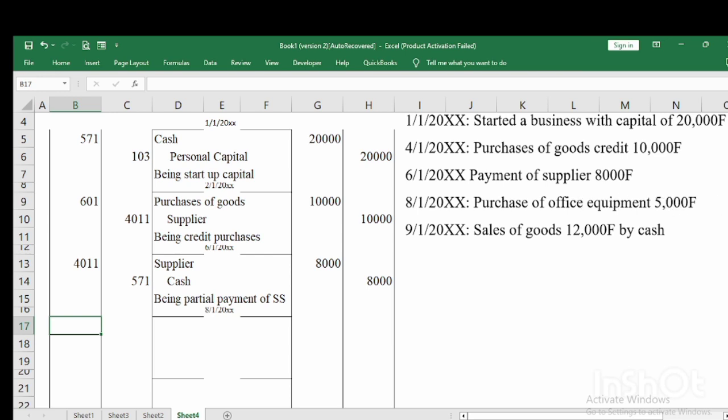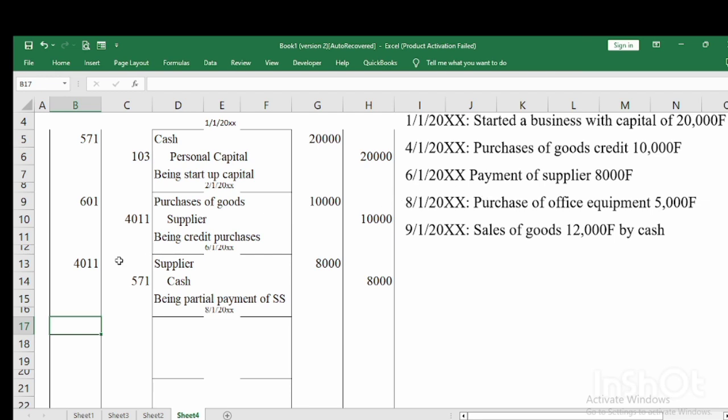When we purchase goods, we debit account 601. Now that we have purchased office equipment, this one is a fixed asset. The concept is that when we make purchases of fixed assets, we debit the fixed assets account and not the purchases account. When it comes to fixed assets, it is different.